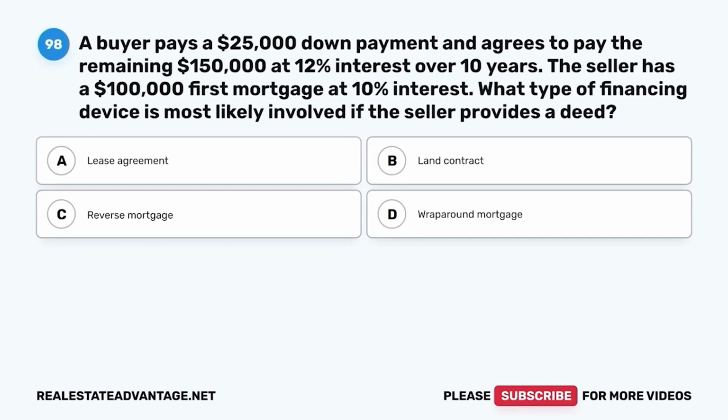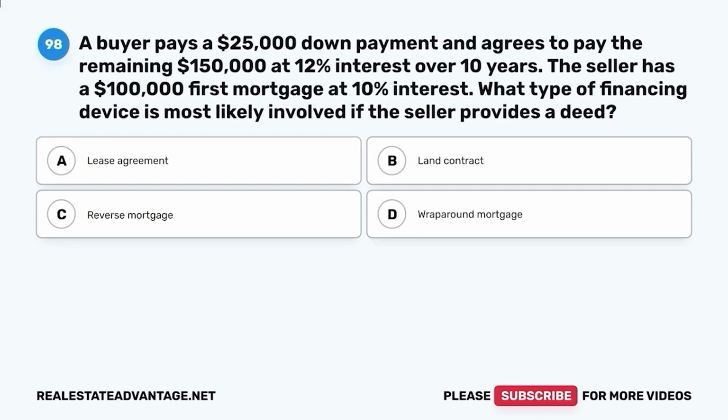Question 98. A buyer pays a $25,000 down payment and agrees to pay the remaining $150,000 at 12% interest over 10 years. The seller has a $100,000 first mortgage at 10% interest. What type of financing device is most likely involved if the seller provides a deed?